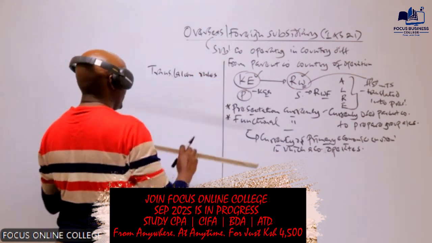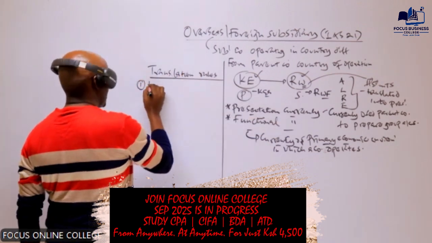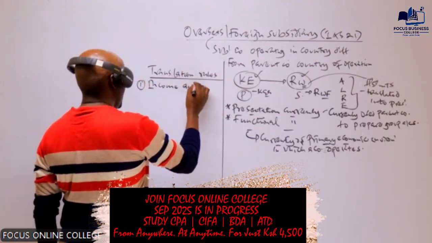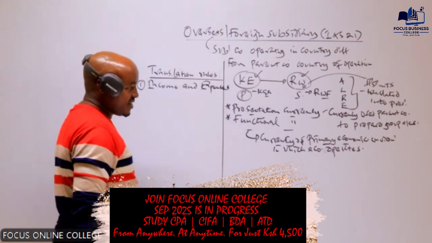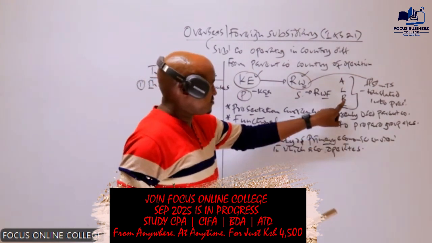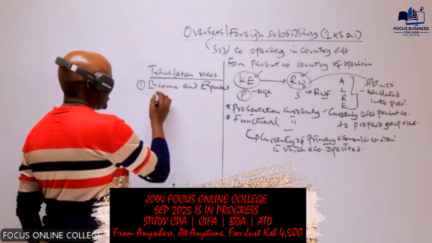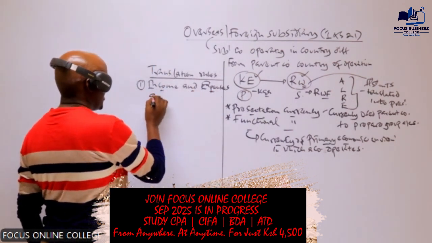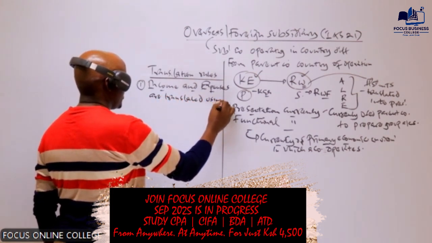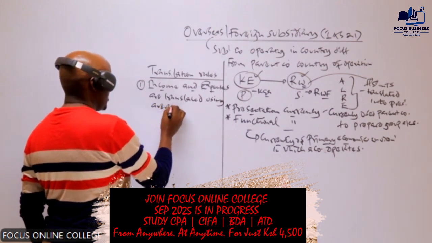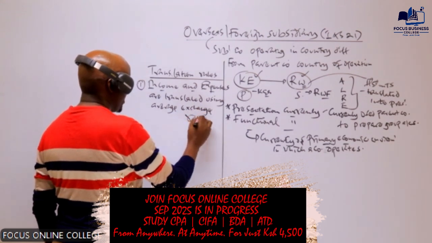This is very important and you need to remember it. Number one, when translating the items of incomes and expenses, and remember in this case what we are translating are the incomes and expenses of this foreign subsidiary, they are translated using the average exchange rate.